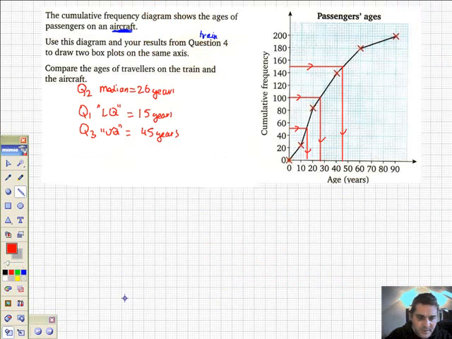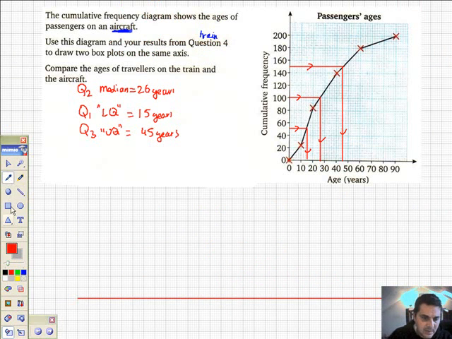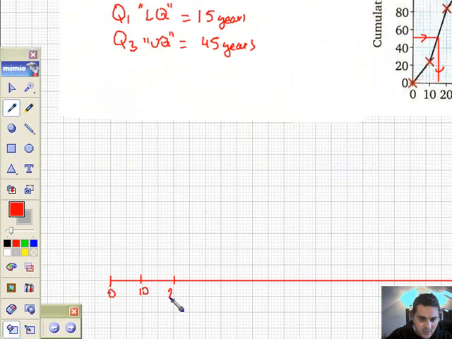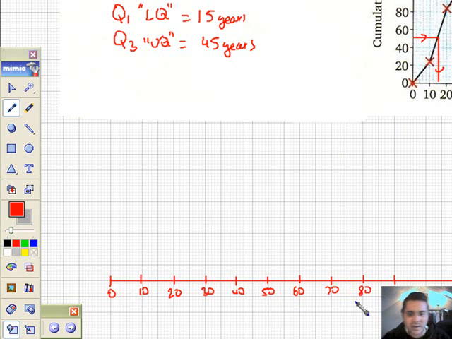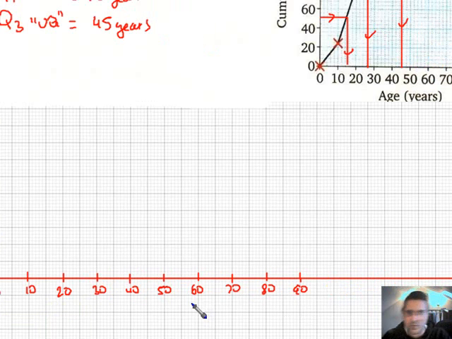So if I take one of these and keep it out of the way, it's all very live, and if I make that 0 and that 10, this is the scale I'm going to work with: 20, 30, 40, 50, 60, 70, 80, 90. I'm not going to plot anything on the line, I'm just going to use it as a measure against which I can do my box plot. It doesn't matter that this is overshot, and this is ages.